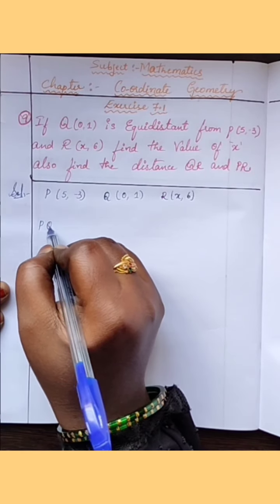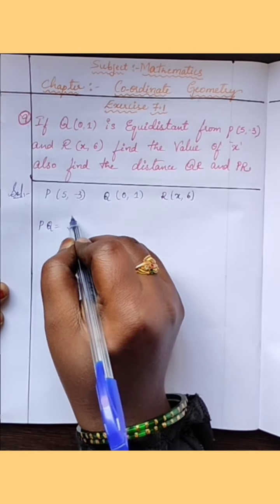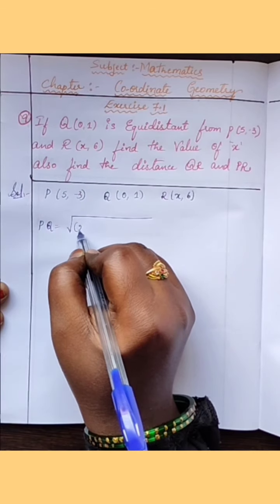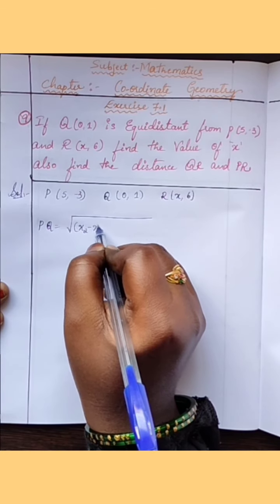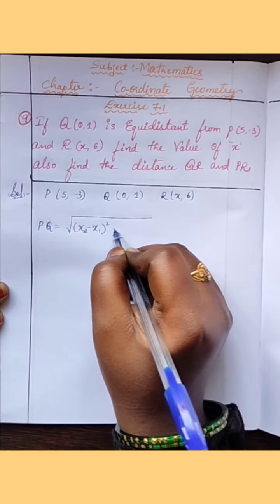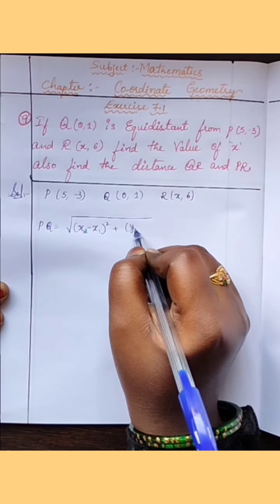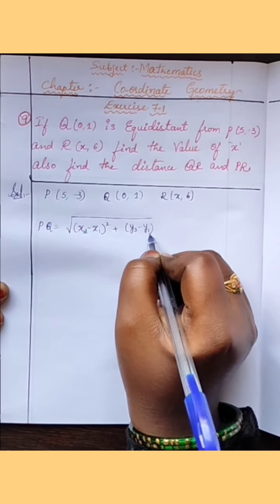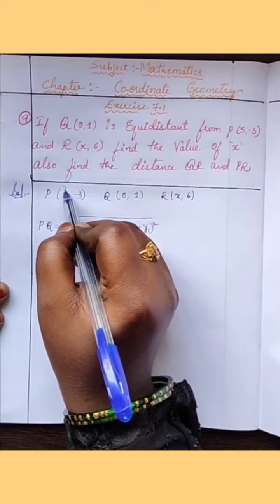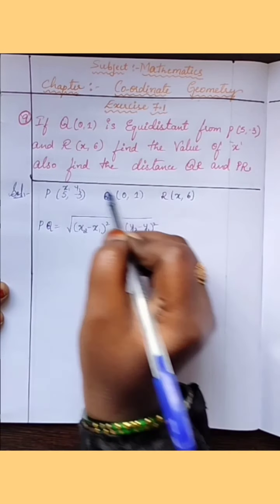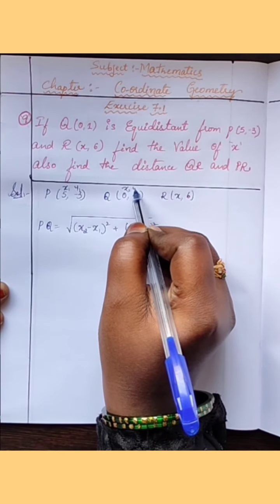Write the distance formula. PQ equal to root of (x2 minus x1) whole square plus (y2 minus y1) whole square. Consider this as x1, y1 and this as x2, y2.